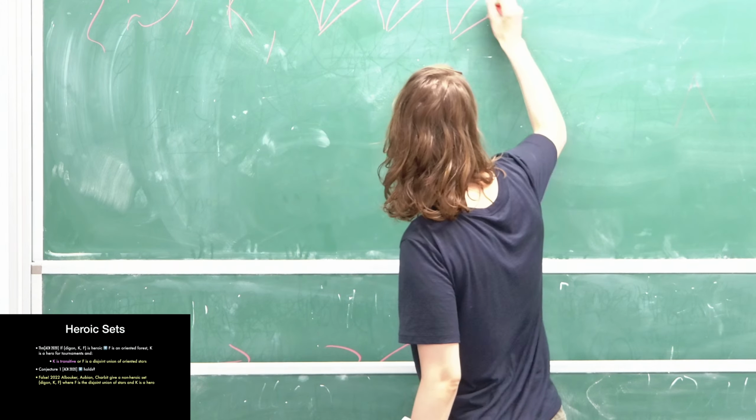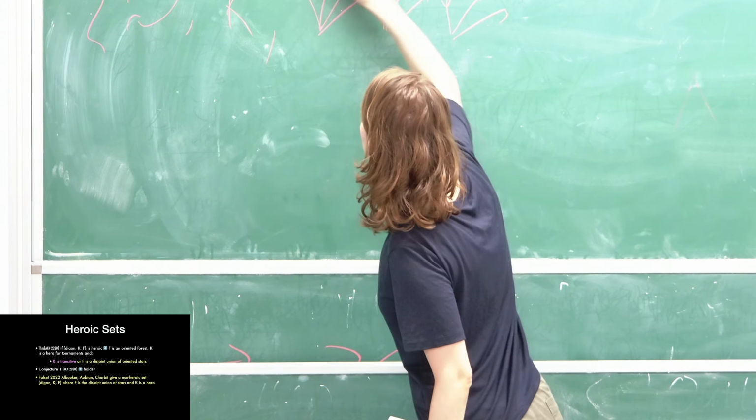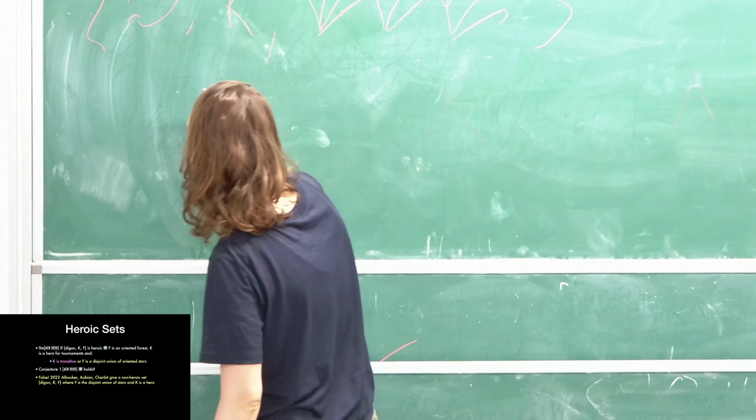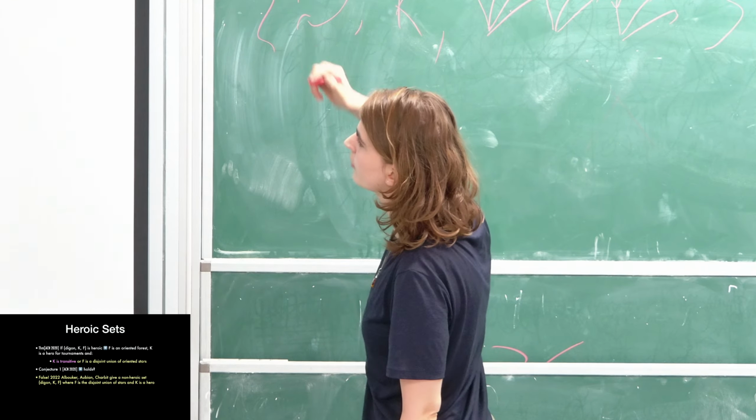So maybe some directions. This is just an example where this is not heroic. However, K is a hero for tournaments.